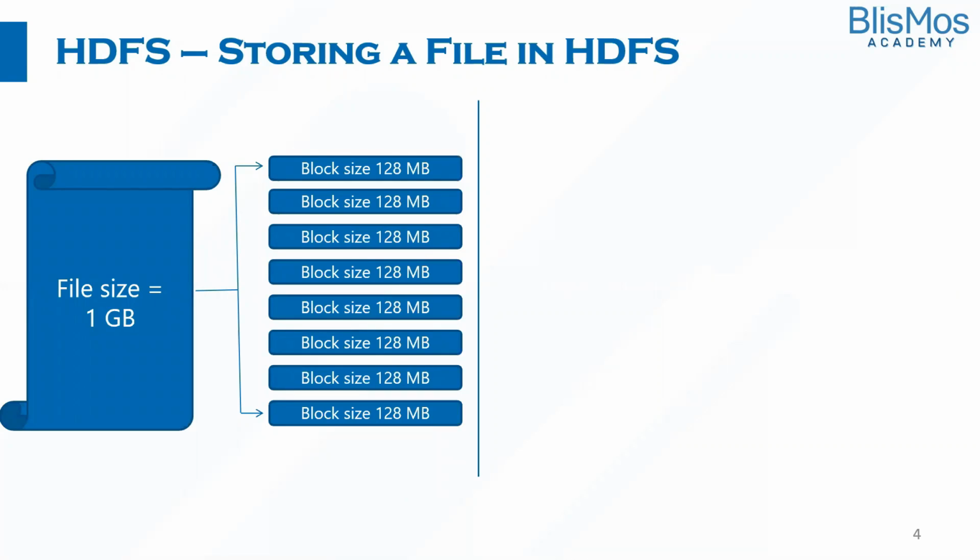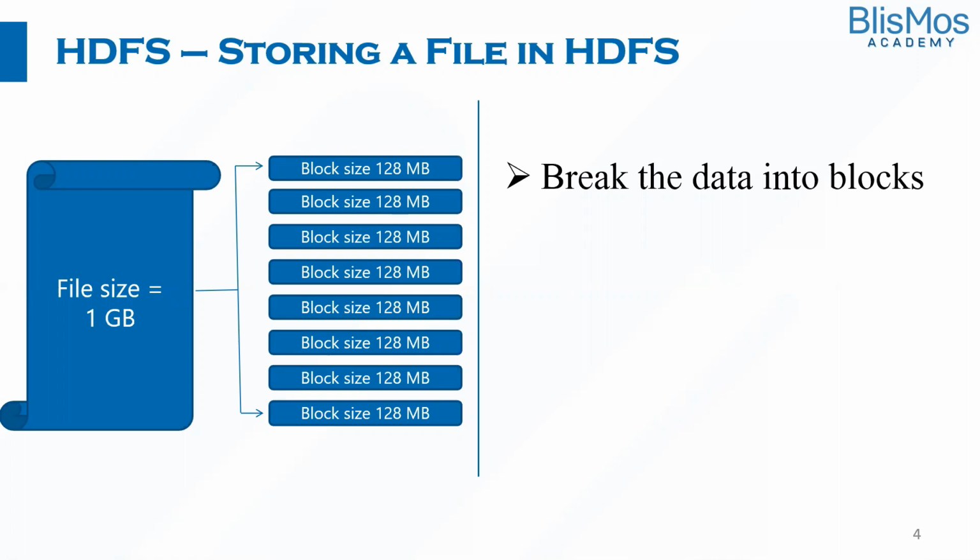Assuming that you have a file size of 1 GB, if you see here, the 1 GB file has been broken down into 8 blocks, which are also called partitions in this case.